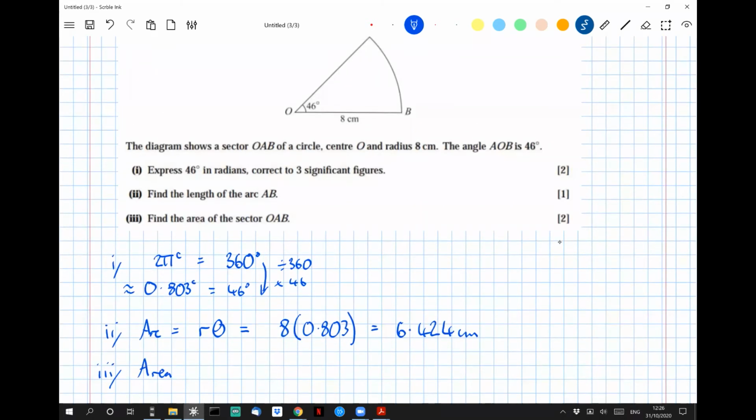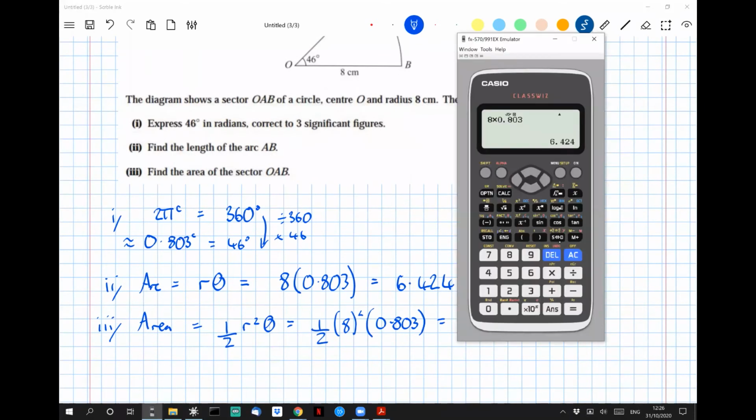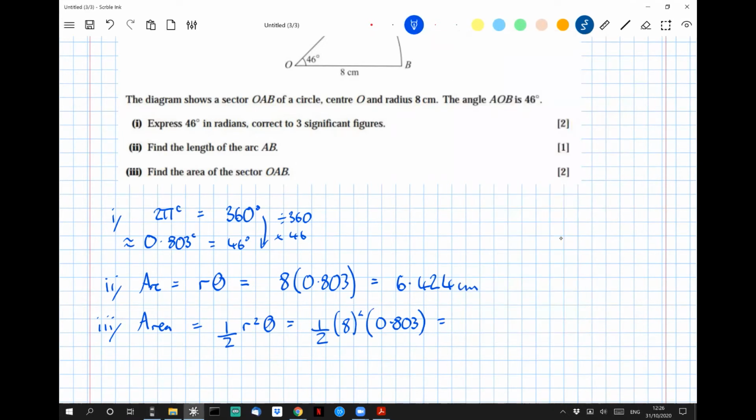Well, the area, write the formula out, half r squared theta equals a half times 8 squared times theta, which was 0.803, equals 25.696 centimeters squared.